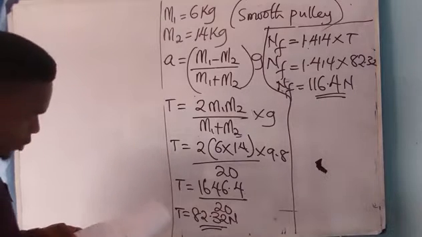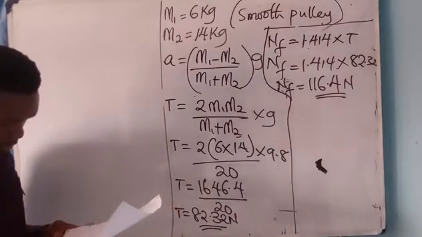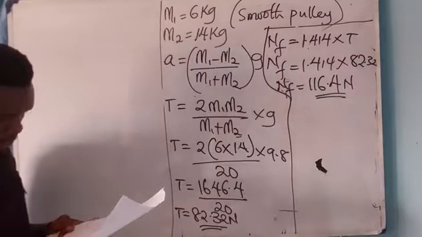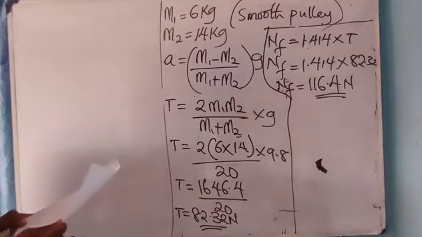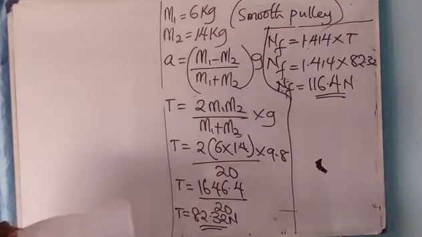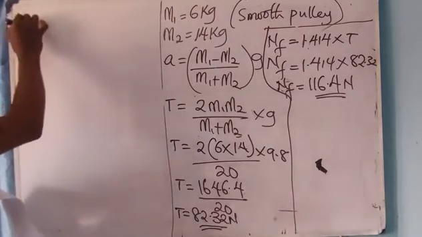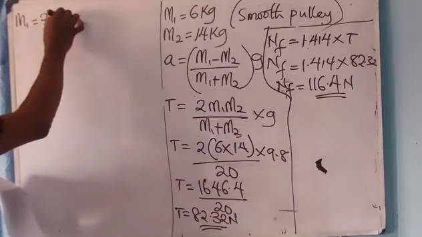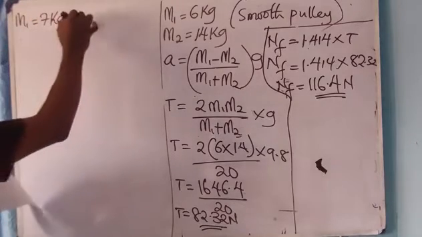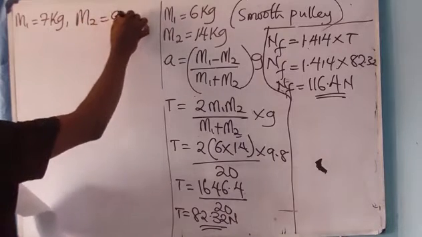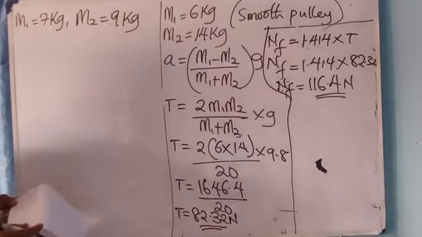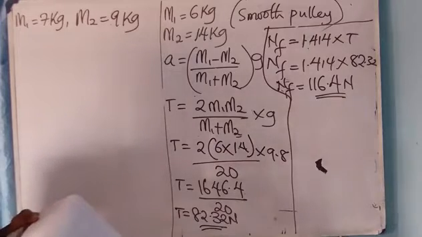So let's take this question. Two particles of mass m1, which is 7 kg, and mass m2, which is 9 kg, are connected by a light inextensible string passing over a smooth fixed pulley.